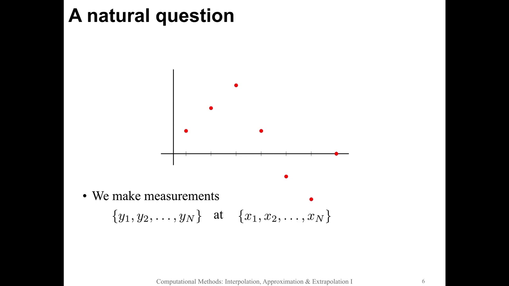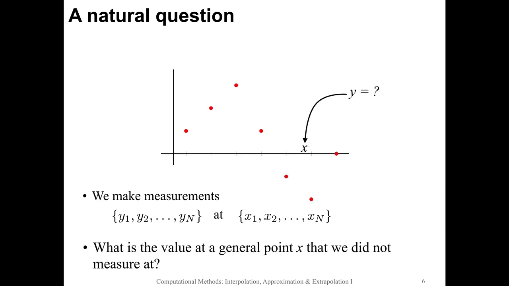So we make these measurements at a set of discrete locations. We're going to call these X locations in this case. Here we've taken N measurements, and the actual values of our measurements, indicated by the height of the red dots here, we'll call those the Y's, from Y1 up to Yn, one for each measurement.